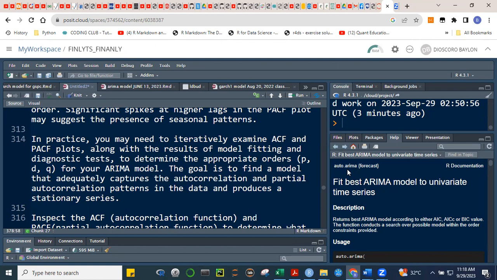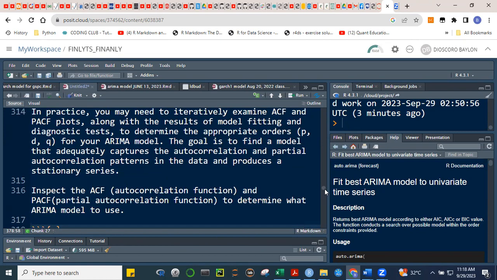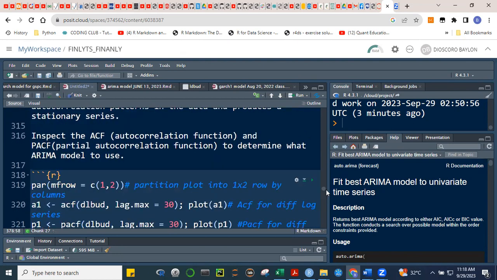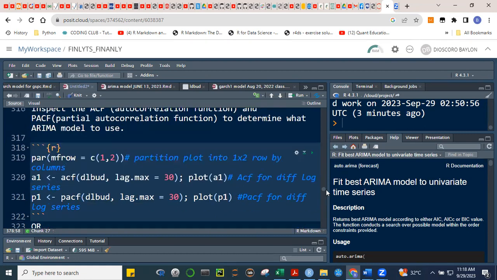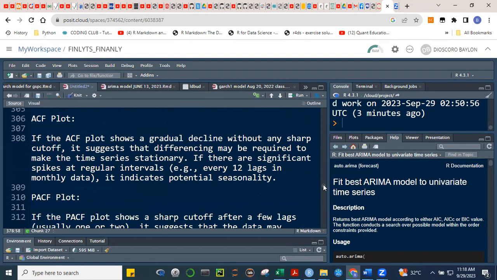After you have several models, try to compare which among the models is best using certain criteria like AIC, BIC, SBC, etc. So at this time, we don't need those because we have technology, we have tools that will do that for us. But still, despite that, we would like to at least see how the ACF and the PACF look like. So let's now go here.